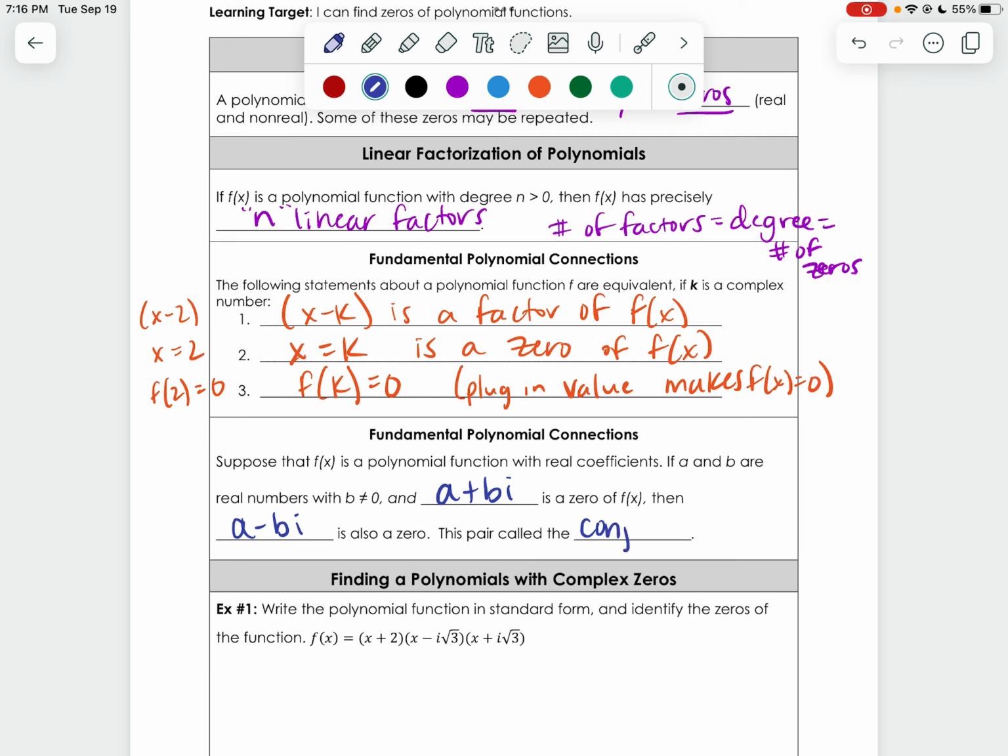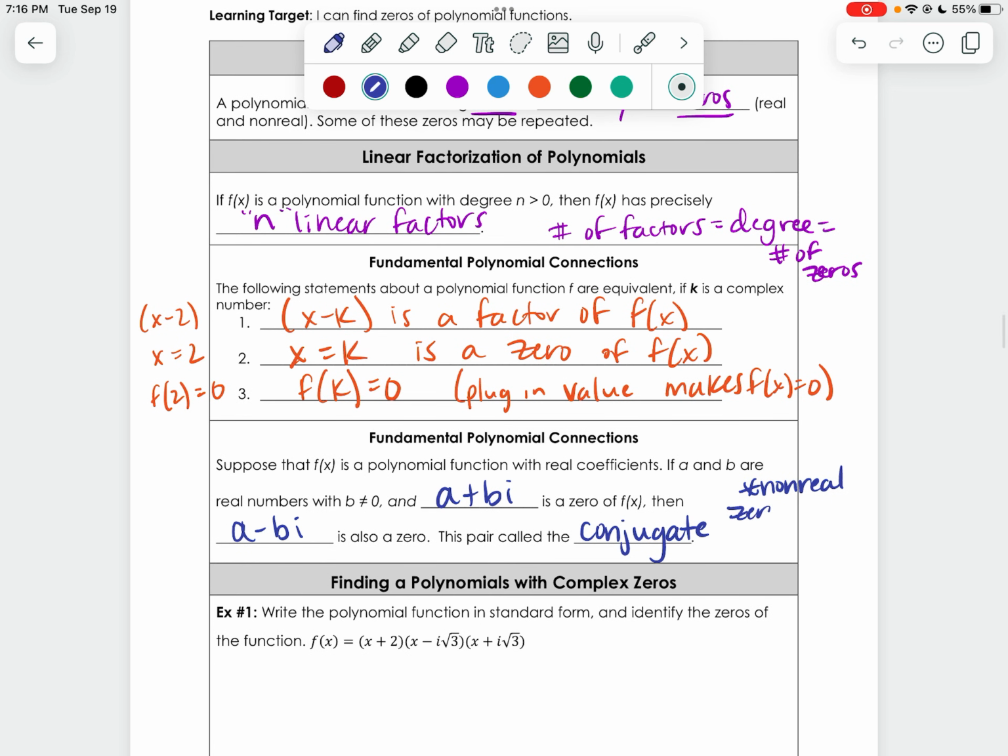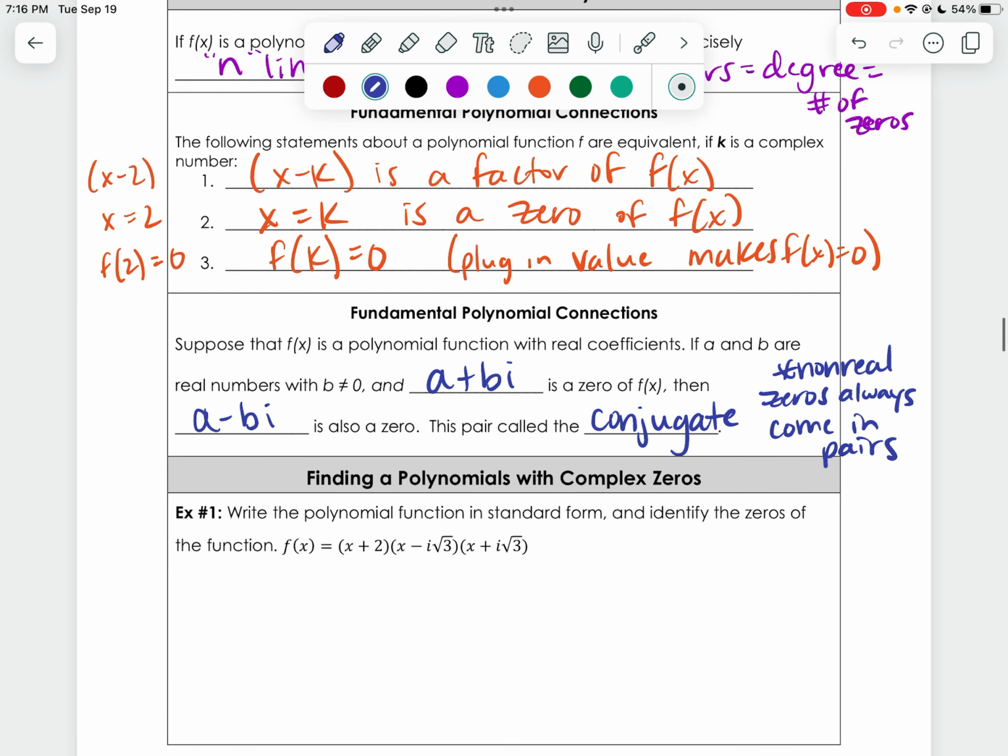Maybe you remember this from Algebra 2, these pairs are called conjugates. So next to this, I'm going to write: non-real zeros always come in pairs. Just remember that, it's going to come up. Non-real zeros always come in pairs, so it always has a conjugate.